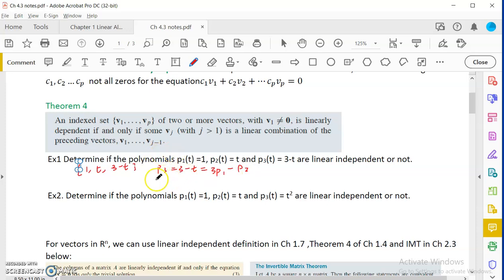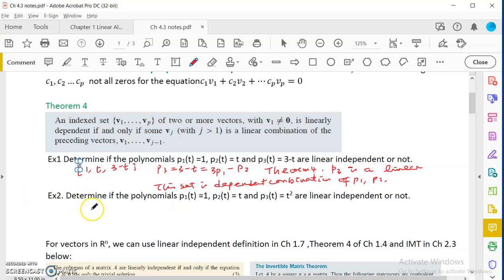By theorem 4, which says that if one of them is a linear combination of the others, p3 is a linear combination of p1 and p2, so this set is dependent. So long as you can find some linear combination within them, they're dependent. They cannot be independent, by theorem 4.